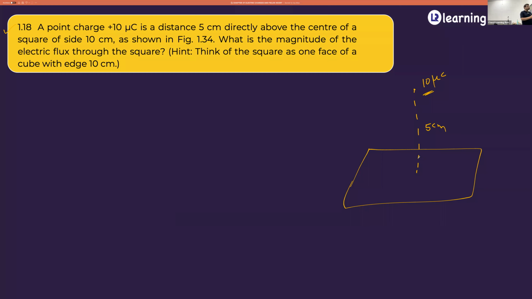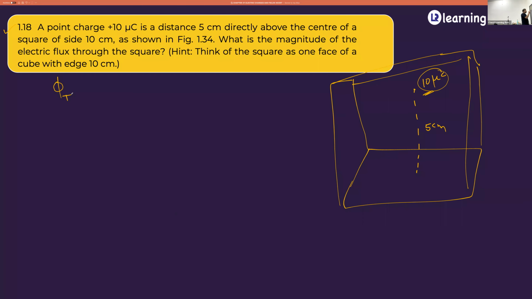So you can assume that you have a cube present here, such that this 10 microcoulomb is exactly at the center of the cube. Then what is going to be the total flux through the cube? It will be Q divided by epsilon naught.